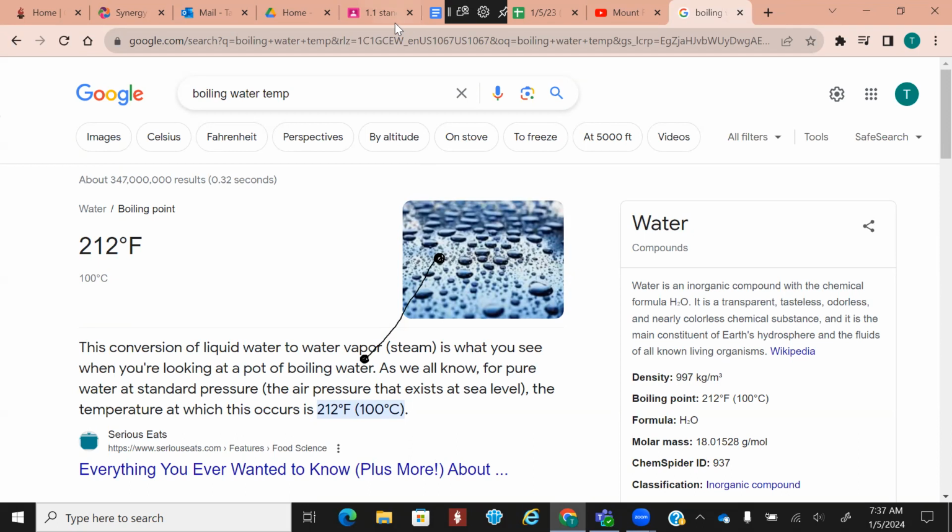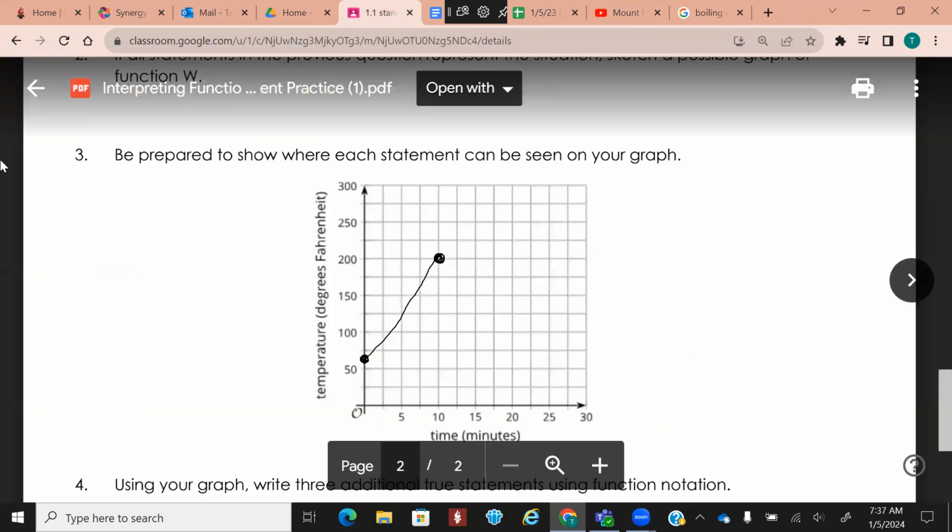Looking at our graph, we're going to chill at 212 for a minute, and then it's probably going to go back down because we're going to turn it off. That makes sense? The graph could be a little different, but it's going to look like that shape. Questions on that?